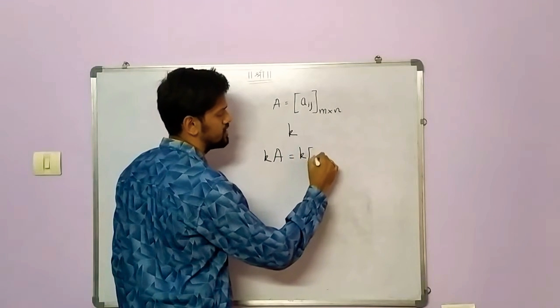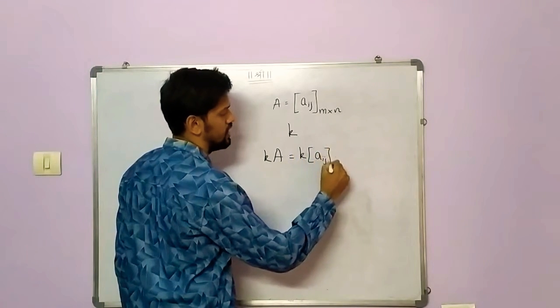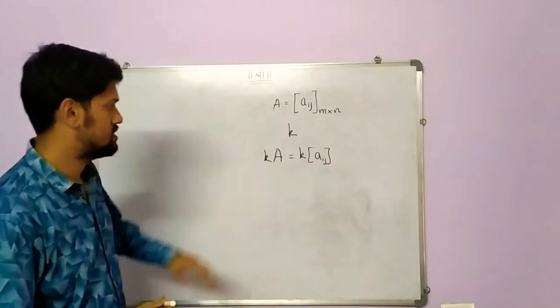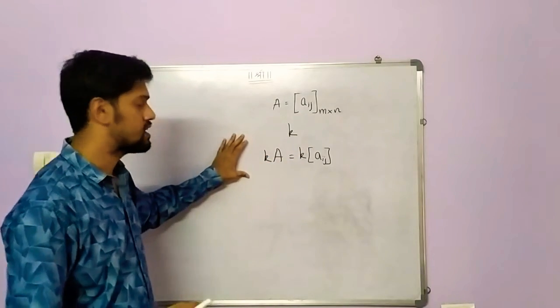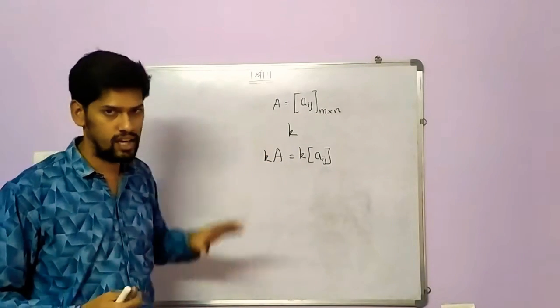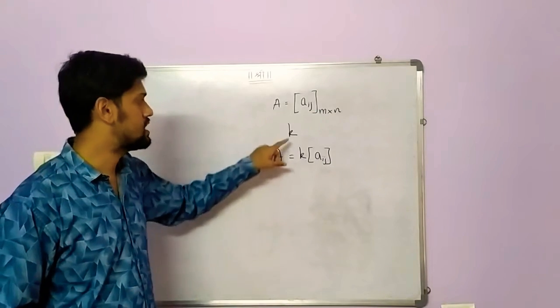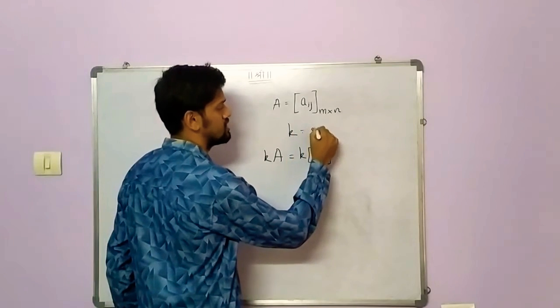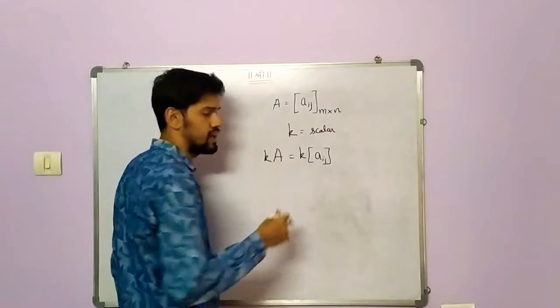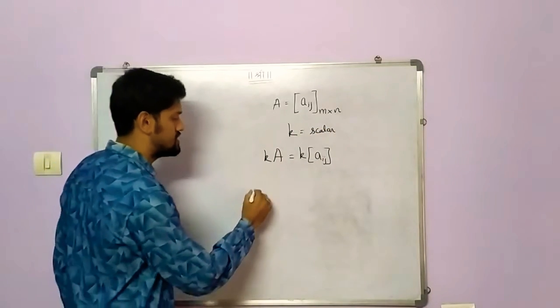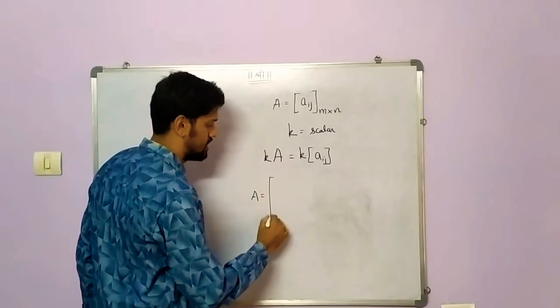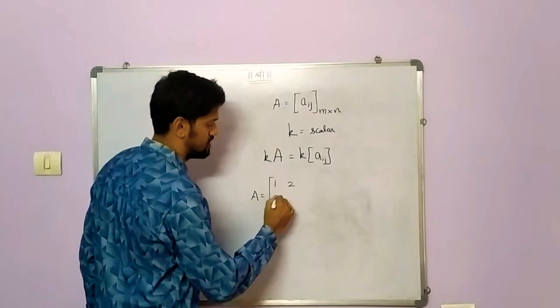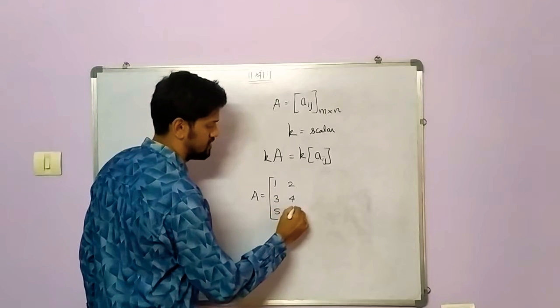will be k into Aij. What this means is that each element of matrix A will be multiplied by this scalar. This is your scalar that you are multiplying. For example, I will just take a matrix A which is this.